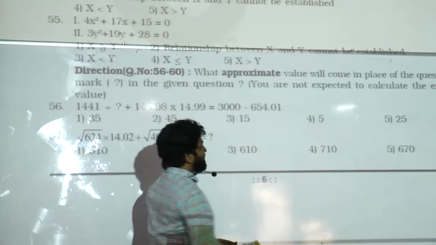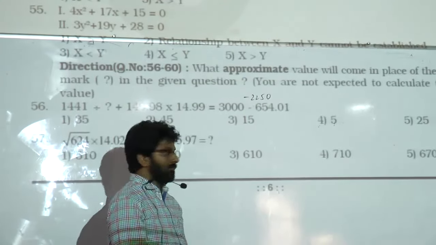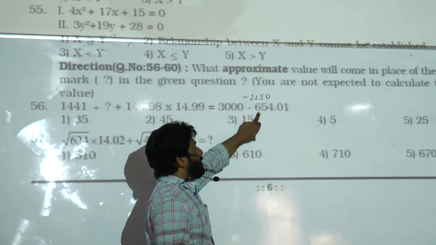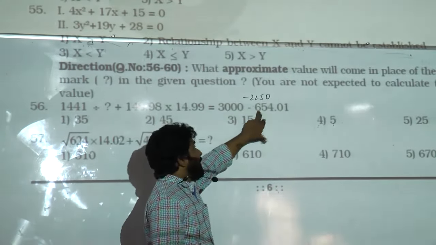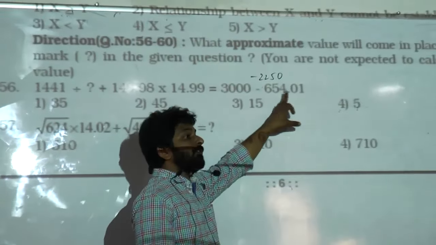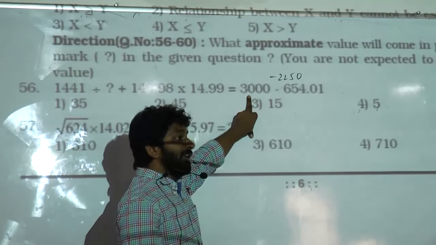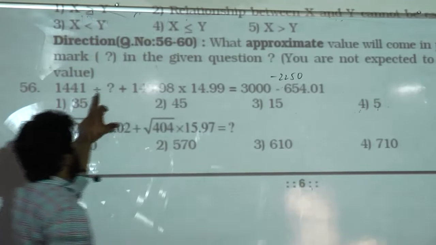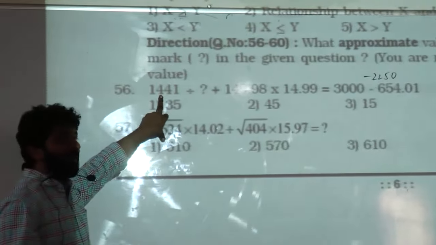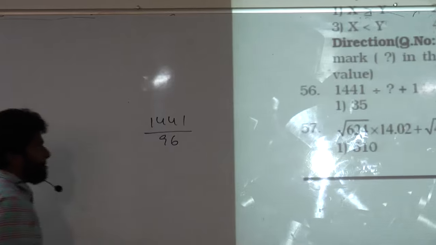Take this value to the right-hand side. That becomes minus 2250. 2200 plus 600, 2800. 50 plus 54, 104, 2904. If you subtract 2904 from this number, you will get 96. So you need to divide 1441 by 96.